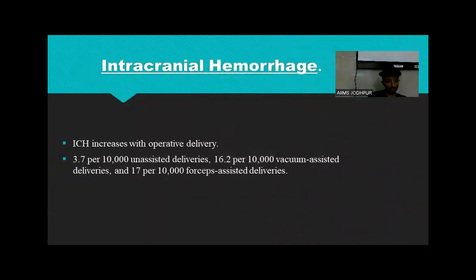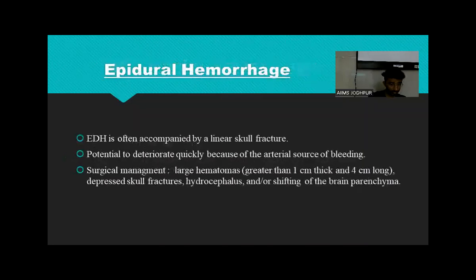Now, intracranial hemorrhages are very rare among birth injuries. They mostly increase with operative vaginal deliveries, that is vacuum or forceps delivery, and it is associated majorly with forceps delivery, at 17 per 10,000 forceps deliveries.